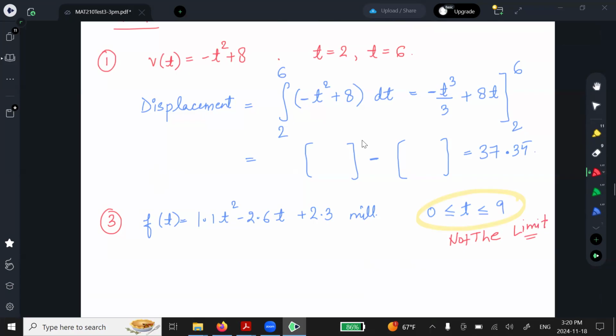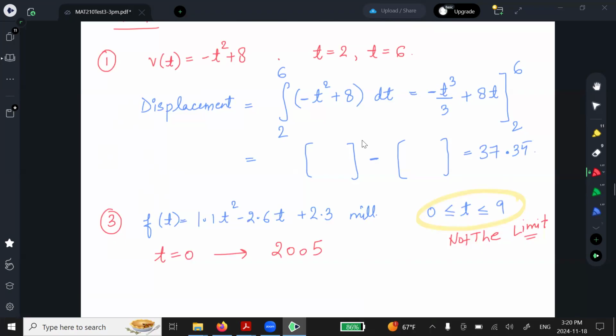So read the question again. It starts from mid 2005. So t equals 0 is when? It's 2005, right? So be careful. Now, what do they want you to find?